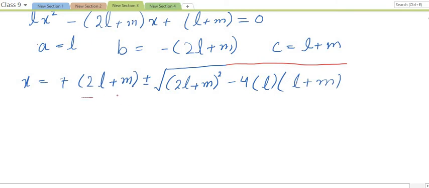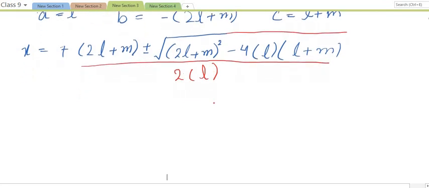Okay, and the denominator is 2a. Clear? Just simplify this and you get your required roots.